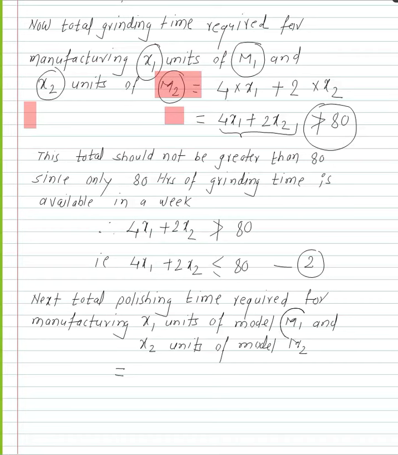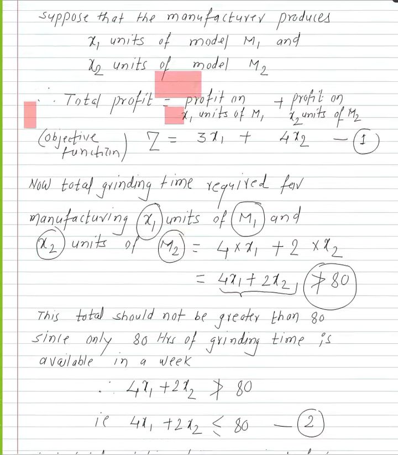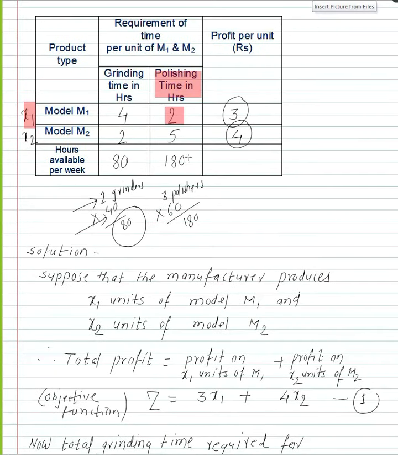One unit of M1 requires 2 hours of polishing. Now 1 unit of model M2 requires 5 hours of polishing. So x2 units will require 5 into x2 hours of polishing.